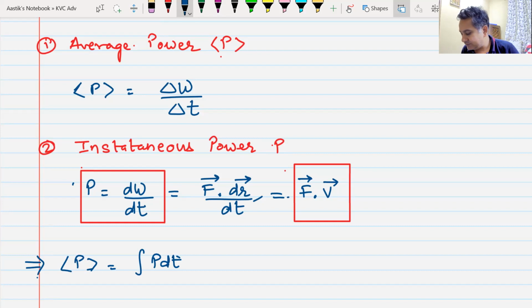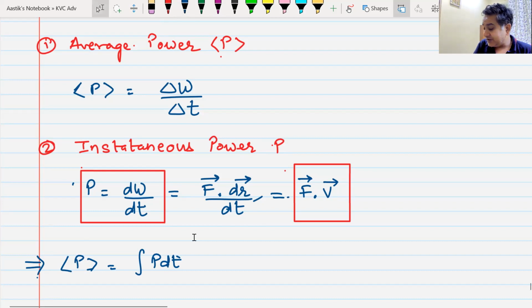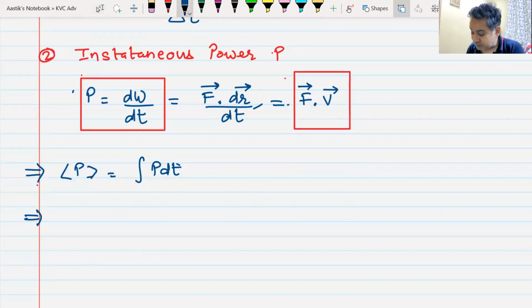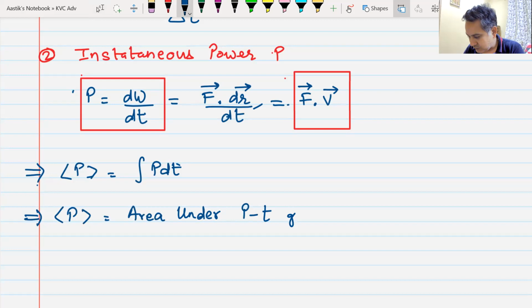Since it is an integral, you can also write it in this fashion: average power is the area under the P-T graph.